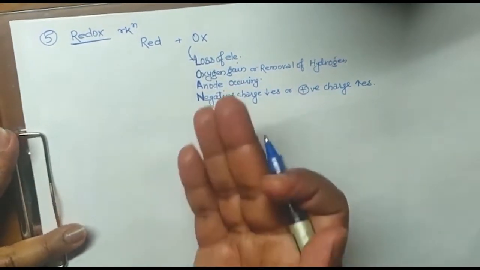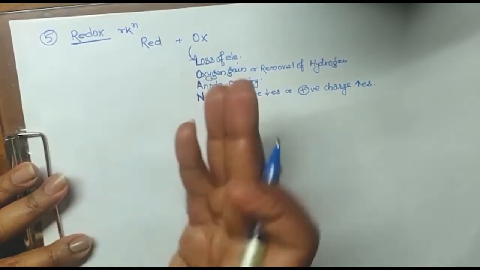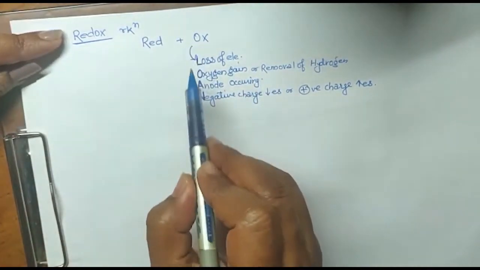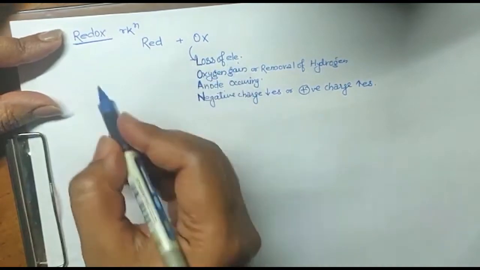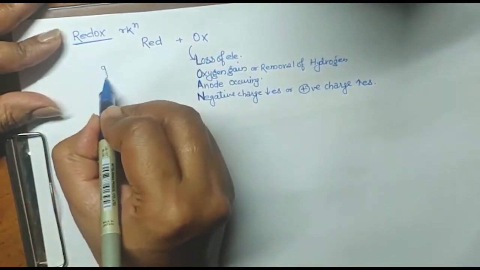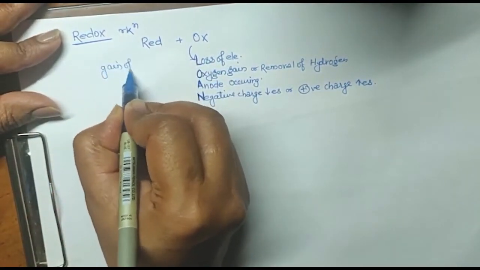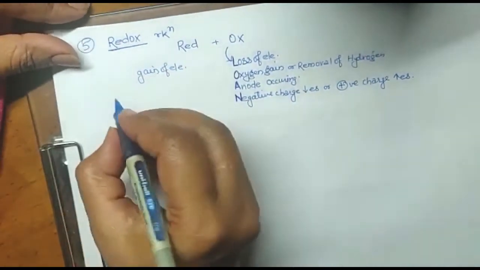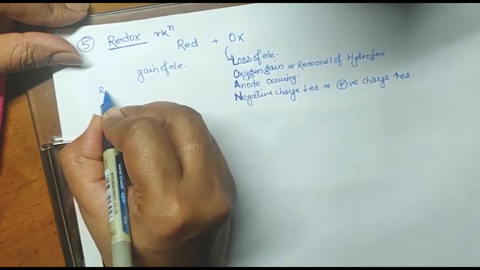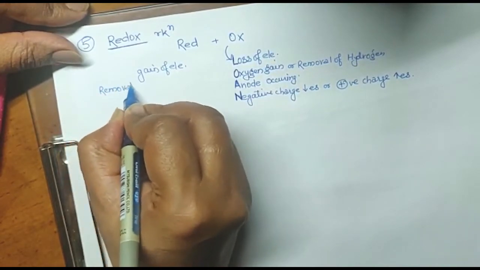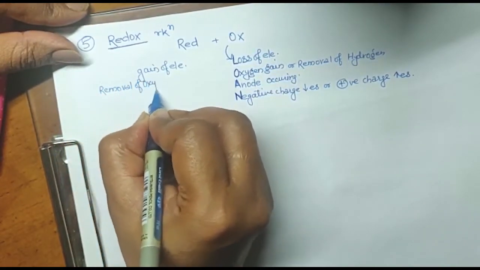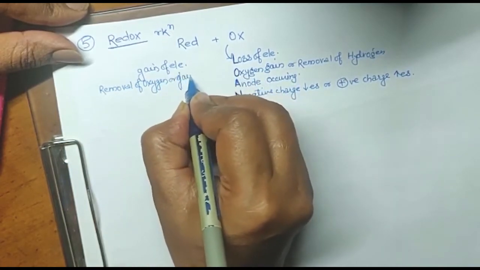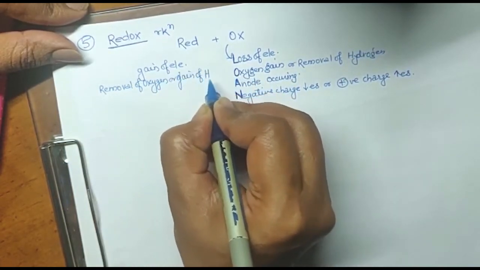Got it? So oxidation and reduction are exactly opposite of each other. If oxidation is loss of electrons, then reduction will be gain of electron. Next, oxygen gain or removal of hydrogen, so it will be removal of oxygen or gain of hydrogen.